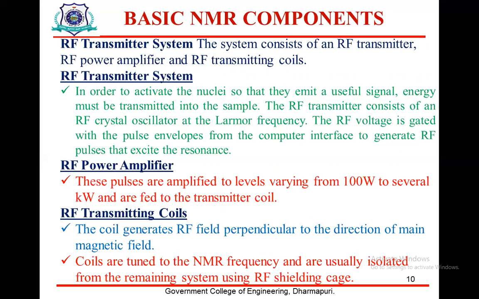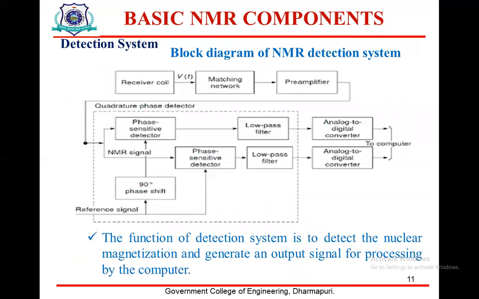In the RF power amplifier, these pulses are amplified to levels varying from 100 watts to several kilowatts and are fed to the transmitter coil. The transmitter coil generates an RF field perpendicular to the direction of the main magnetic field. Coils are tuned to the NMR frequency and they are isolated from the remaining system using RF shielding.